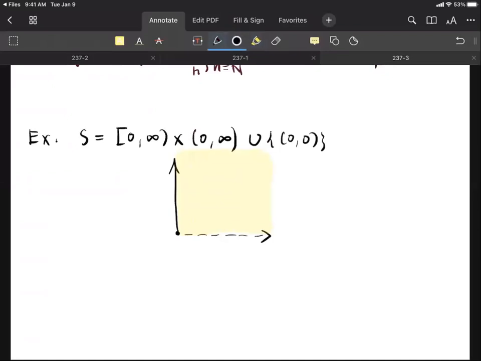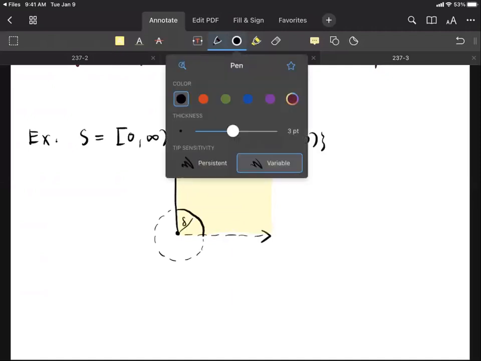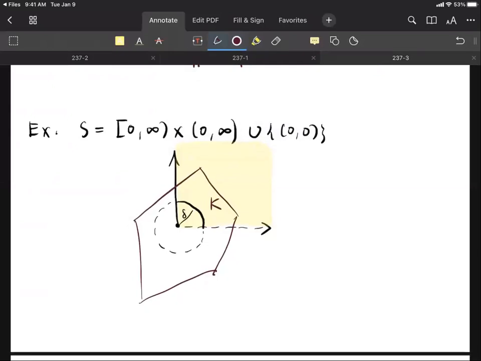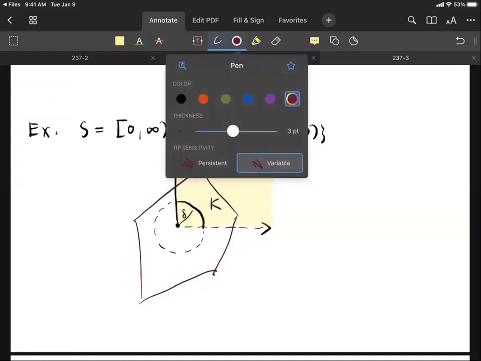Now, if you take a ball centered at the origin, having radius delta, and this ball is contained in some compact set K, this will violate condition 1, because in this case K would not be a subset of S. For the details, you could look at the course notes, or write it here.